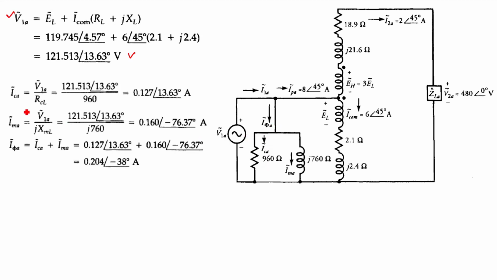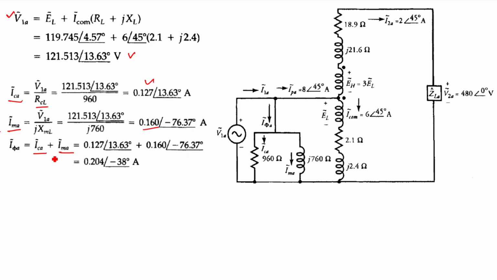I phi A is nothing but ICA plus IMA. ICA is V1A by RC, that is 0.127, 13.63, and IMA is nothing but V1A by JXM, which will give me 0.160 at minus 76.37 degree.